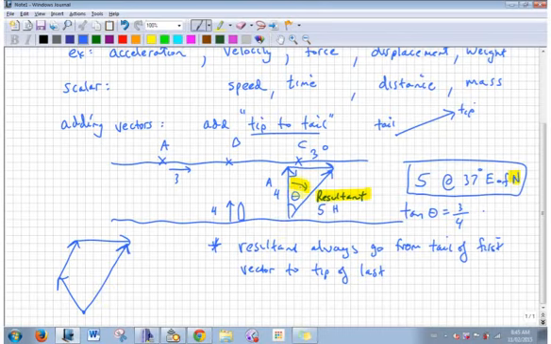Is there another way to add these 2 vectors? This 4 and this 3? There is, right? I know that's going to go like that, but is the water flowing here more quickly than it's flowing here? No. I could add this down here, but see, what's wrong with that picture?